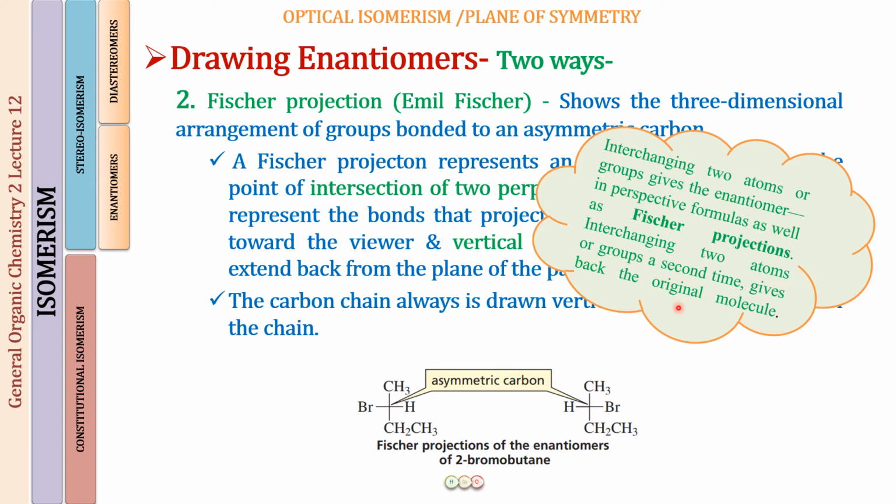Or if you remember, in the model I exchanged three groups simultaneously, right? First group I changed and then we changed the second one. So I hope you remember those, that we changed the position of three groups of atoms, one exchange and second exchange, and you get back the original molecule. You have to watch the previous lectures if you've not watched them. If you have watched them, you are going to understand what I'm saying over here.